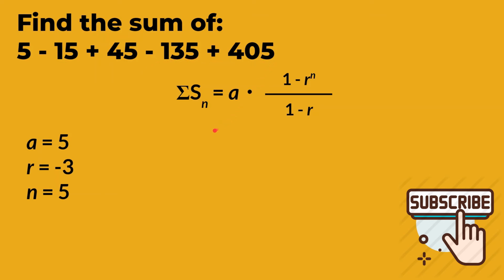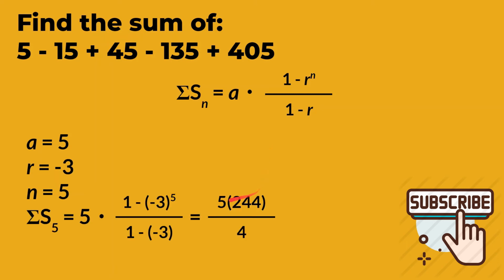And our formula is the summation of the series till n terms is equal to a into 1 minus r raised to n divided by 1 minus r. So we have the summation of the series till 5 terms is equal to 5 into 1 minus minus 3 raised to 5. And writing this minus 3 raised to 5 in brackets is very important, or else you will get the answer 605, which is wrong.